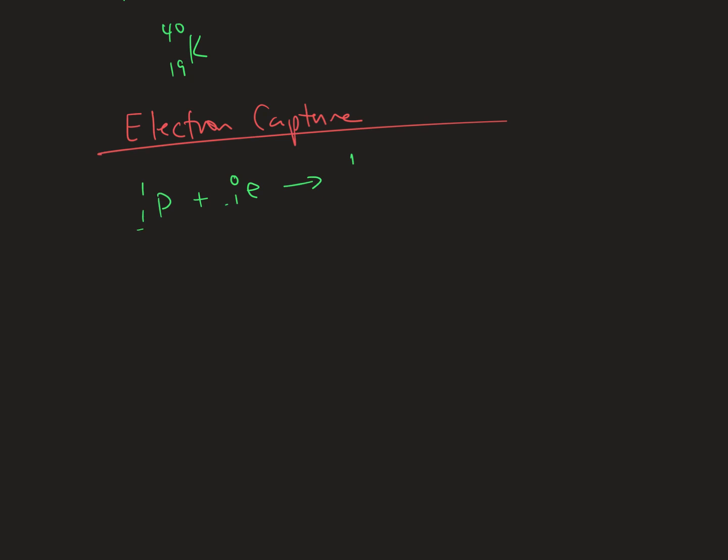We start with 1 proton, or a positive 1 charged nucleus, and we add a negative 1 charged nucleus. Makes this 0. So it's another way to get a neutron. Do you have to worry about how we determine which way it has to get the neutron? No. Okay?